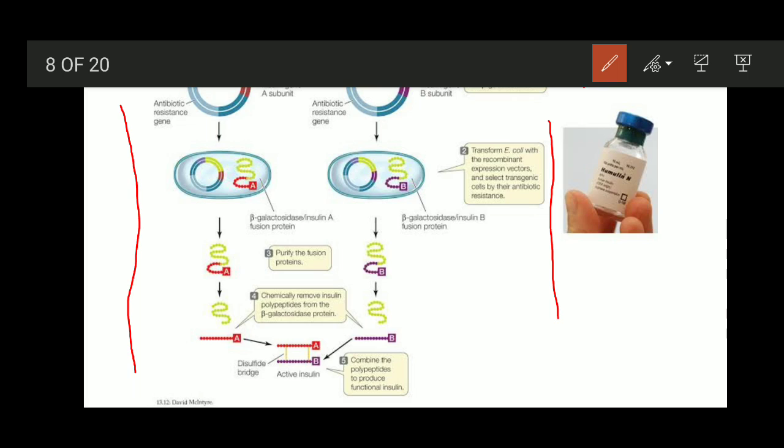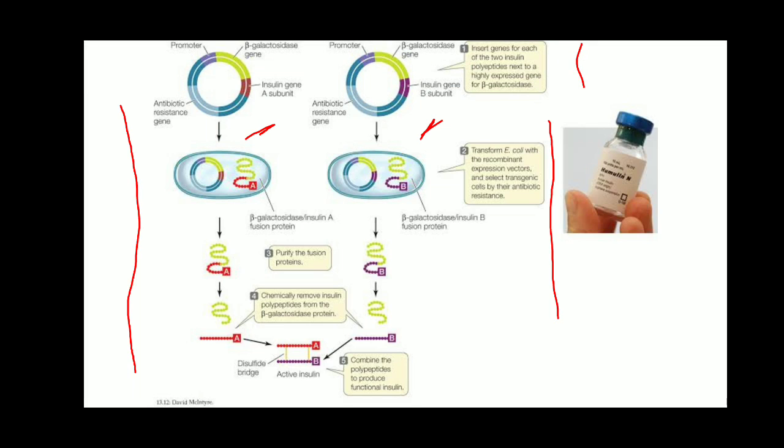Here this is the plasmid vector pBR322, and here it is also plasmid vector pBR322. Now this plasmid vector pBR322 contains an antibiotic resistance gene acting as a selectable marker, and the promoter gene, which regulates the gene expression and also decides the location where the gene product is formed.